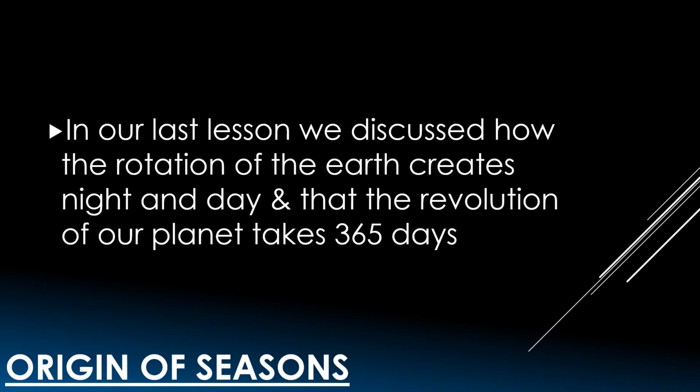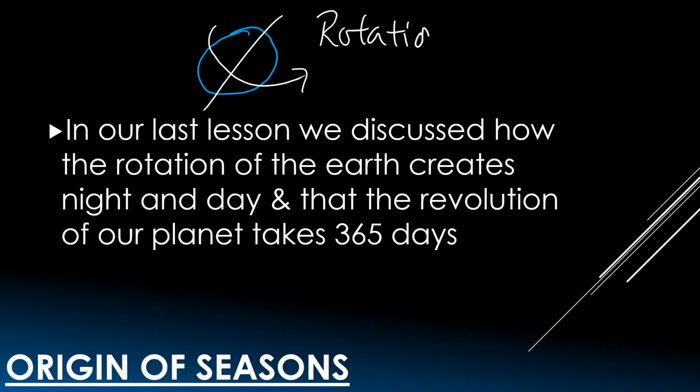So in our last lesson, we discussed how the rotation of the Earth creates the night and day cycle, and that the revolution of our planet takes 365 days. So just a quick refresher right here. Earth, okay, I'm going to put a little arrow going like this because it's spinning on its axis. That is our rotation.